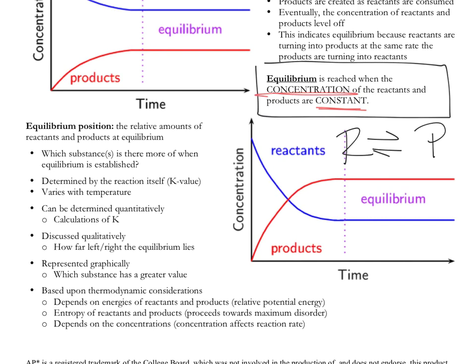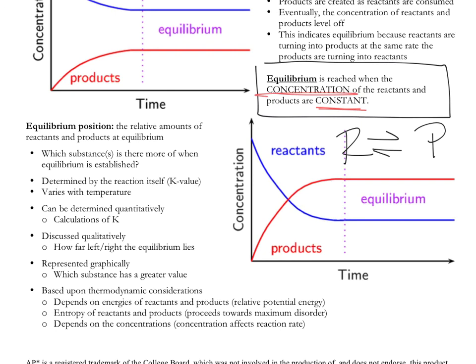It depends on entropy, because if one side has more entropy than the other, that side's going to be favored, but depending on the temperature. Changing temperature changes K, because we are changing not just our entropy, but our free energy. And then it depends on the concentration. High concentrations mean faster rate. So there's a lot of different things going on here.